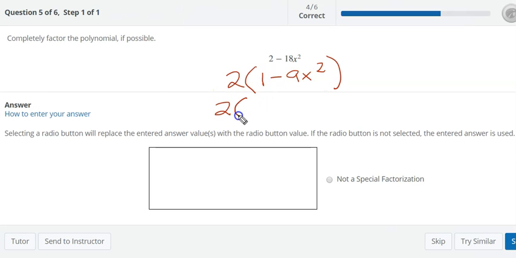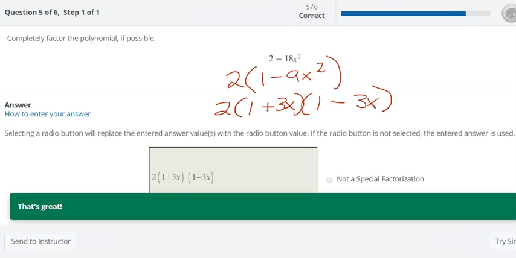So the factorization of this would be putting the 2 outside, then your conjugates, 1 plus 3x, 1 minus 3x. Remembering inspection to figure out your strategy, your protocol, is always an important step. And we submit it, and we have that right.